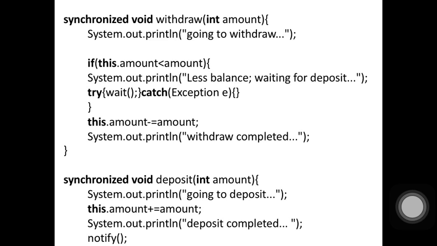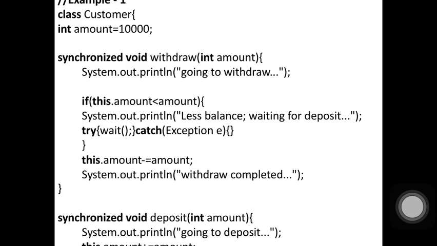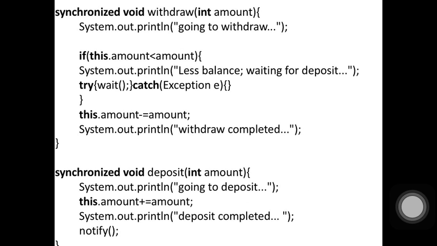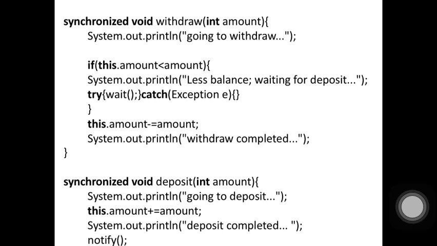If this.amount, the class variable, is less than the amount, I mean the existing amount is lesser than the withdraw amount, the system shows less balance, waiting for deposit. And having a wait here, the particular thread will suspend and wait, and the monitor is going to be handed over to the next thread.